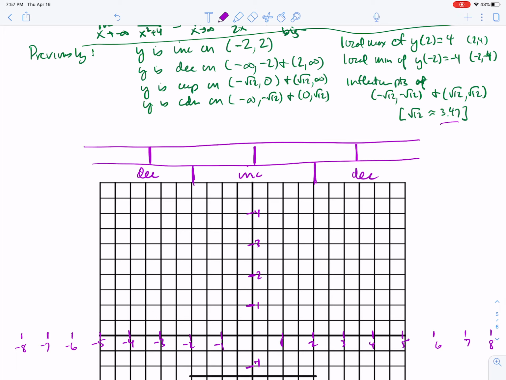And we start off concave down, and then we alternated back and forth between concave down and concave up.